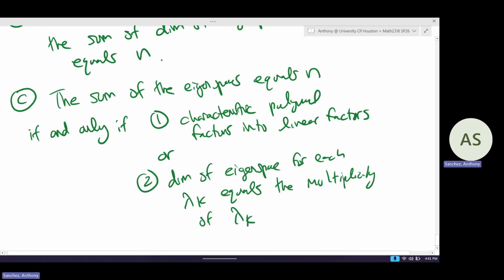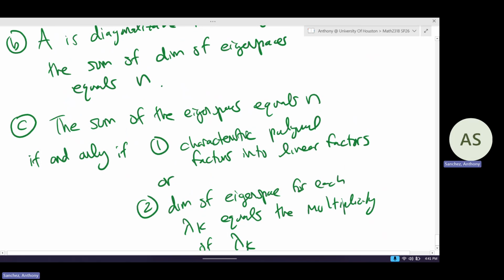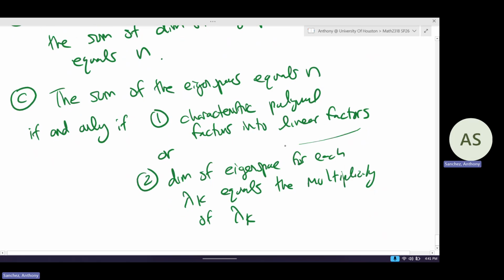Which is what happened in our second example that was diagonalized, in this example, I should say. Right, so we know that if I had distinct eigenvalues, I'm good to go.